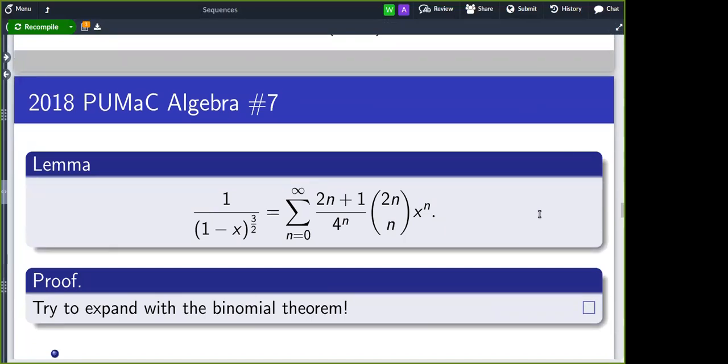Yeah, it's very similar to the Catalan generating function. And the reason is because you can also take a derivative of the Catalan generating function and obtain this. So if you want to do it without calculus, you have to try expanding this with the binomial theorem.